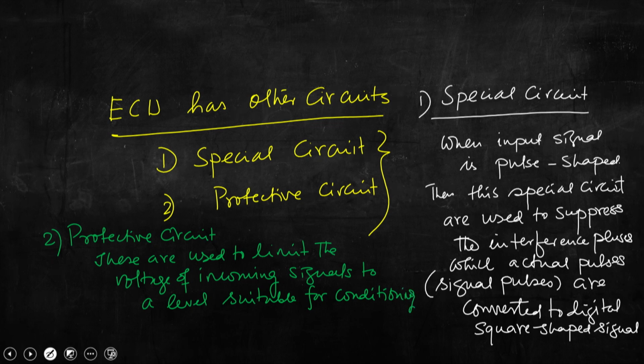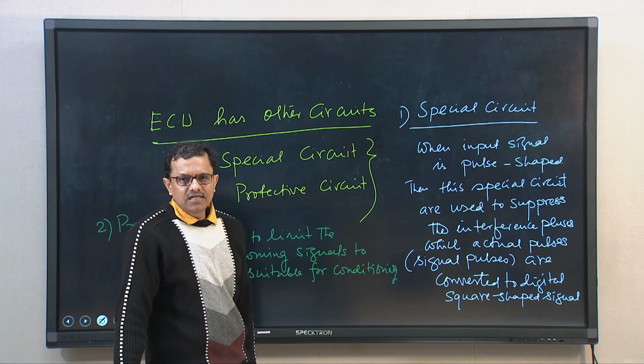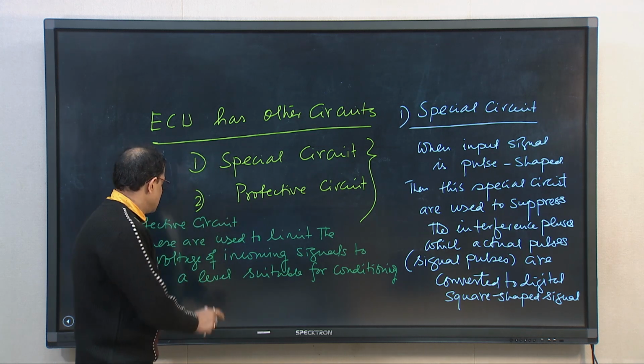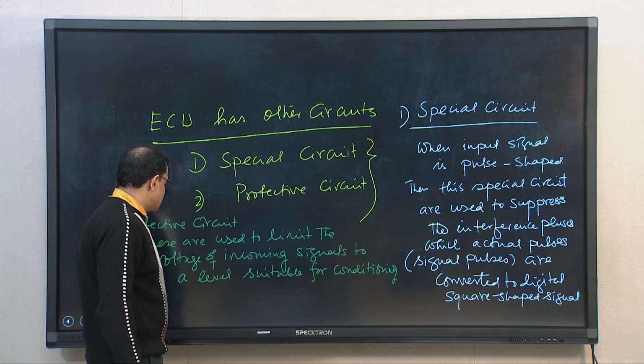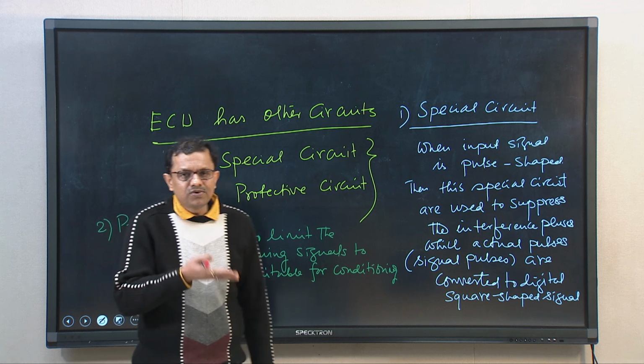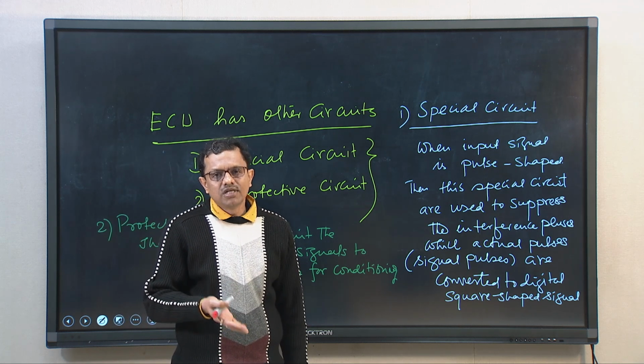Right, and while the name itself is protective circuit, the objective is to only allow or limit the voltage of the incoming signals suitable for conditioning, that means superimposed signals will be removed.